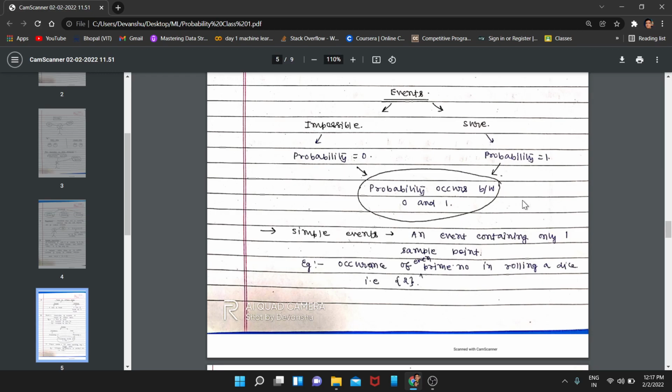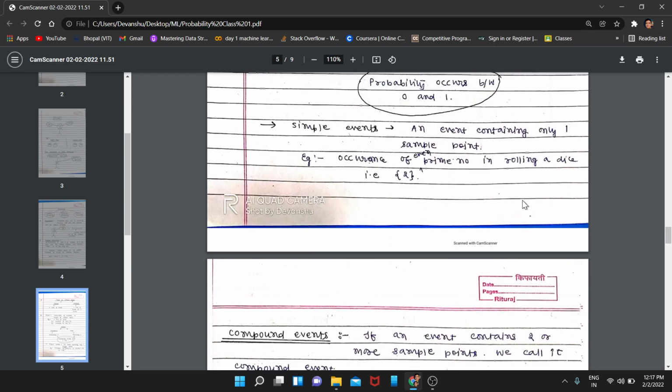That is the reason why we call it a simple event. If you look at the even prime number in rolling a dice, only one prime number is even, that is 2.